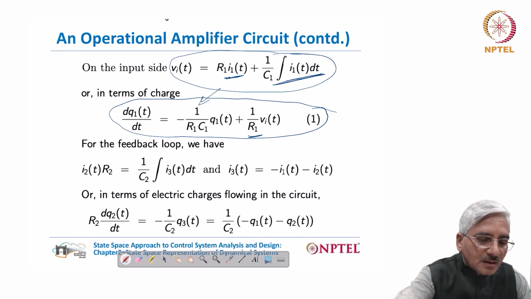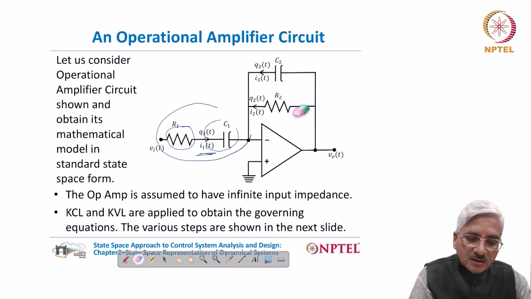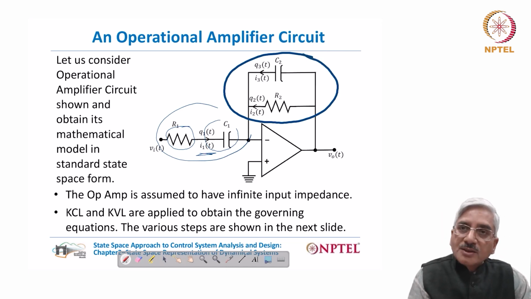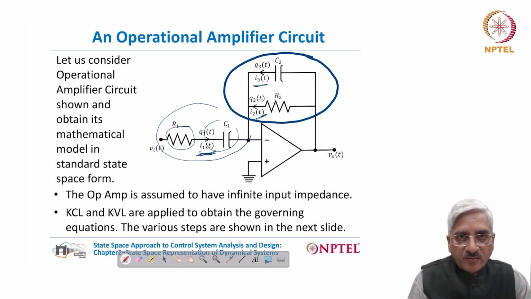Next, we consider the feedback loop, this one, and what we notice is that R2 is in parallel to C2. That means the voltage drop across R2 will be exactly equal to the voltage drop across C2. That is one. Second thing, we see that these currents I2, I3 and I1, all three enter the same junction. So the sum of the three currents should be equal to 0.